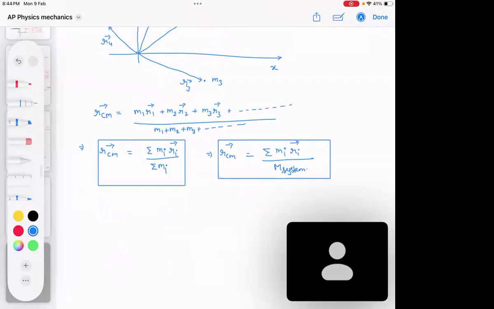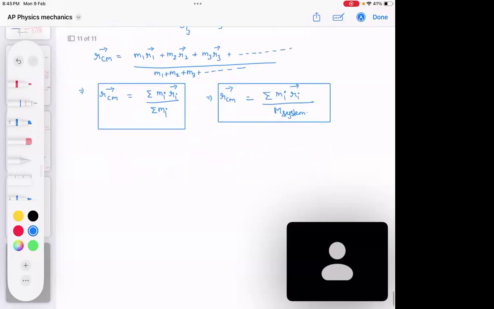The discrete particle system. Sometimes you can directly calculate the position vector of center of mass. Sometimes, instead of directly calculating the position vector of center of mass, we can also calculate the x coordinate of center of mass separately, y coordinate separately, z coordinate separately, and then we will write the x coordinate with i cap, y coordinate with j cap, z coordinate with k cap.